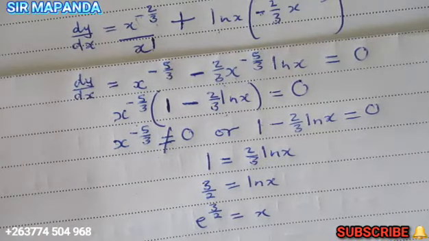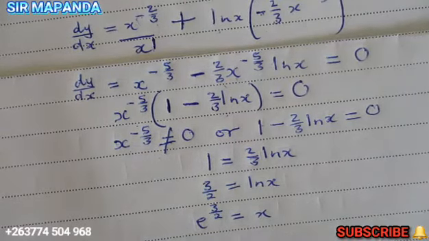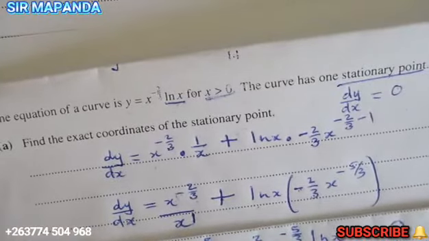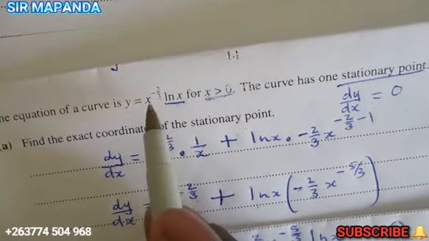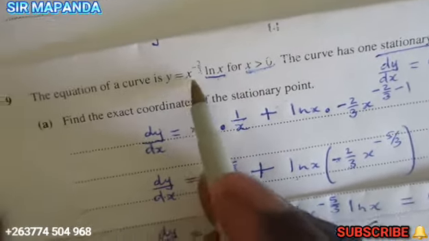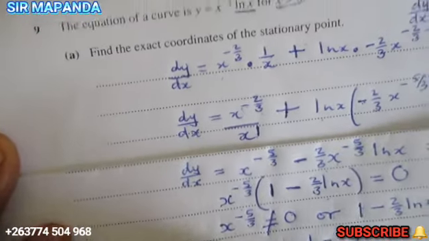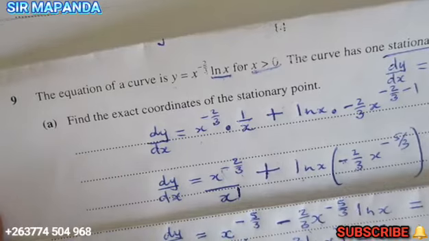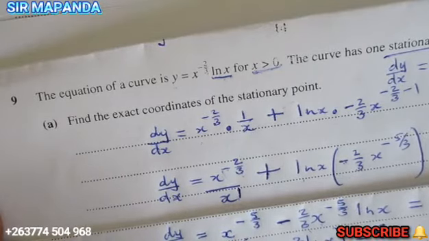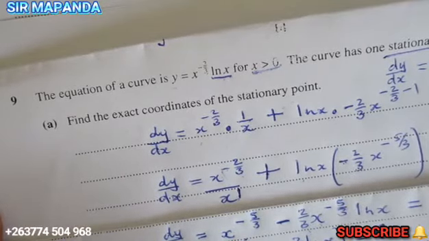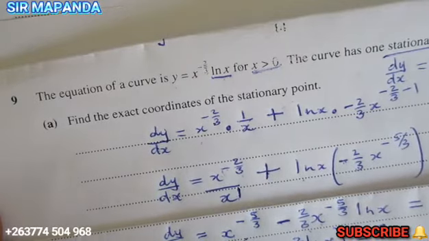But for a coordinate, we must have the x coordinate and the y coordinate. So to find the y coordinate, you move back to the original function given, which was y is equal to minus 2x to the power of minus 2/3 ln x.